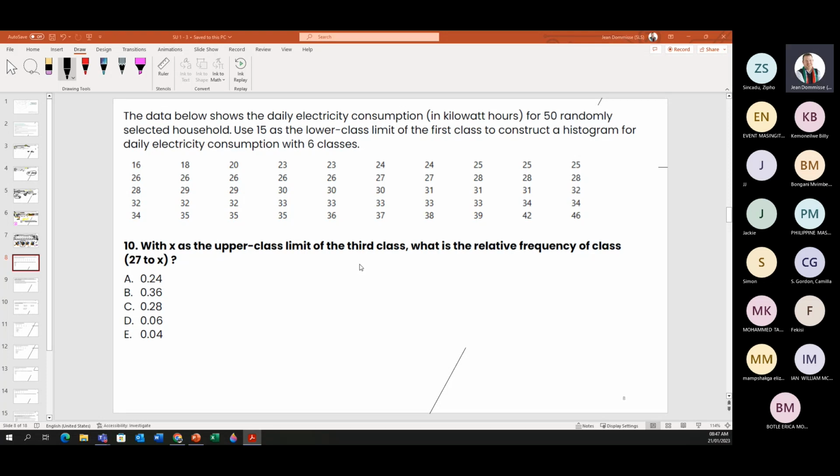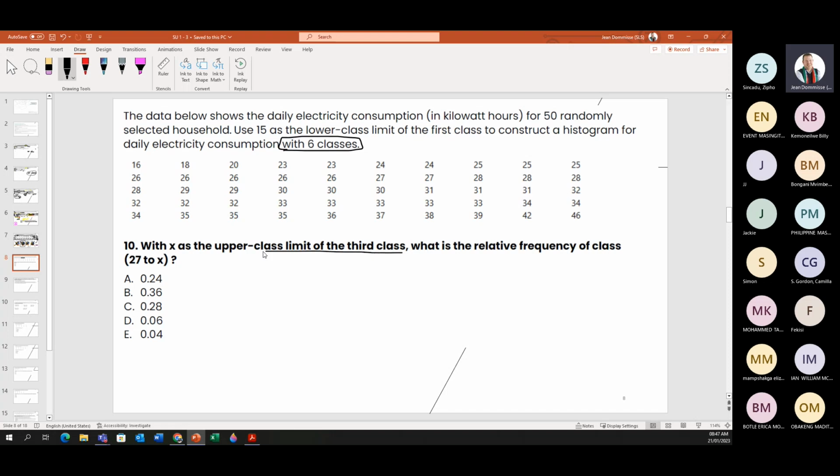Okay, let's look at this one, because I don't even think there would have been something like this previously. Use 15 as a lower limit of a class. They tell us there's 6 classes.